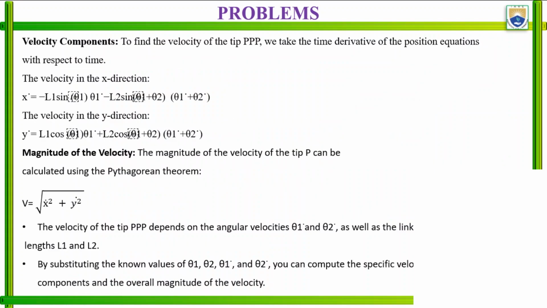Now, when we need to calculate the velocity with respect to the x-axis, x dot is equal to minus L1 sin θ1 into θ1 dot, minus L2 sin(θ1 + θ2) into (θ1 dot + θ2 dot).